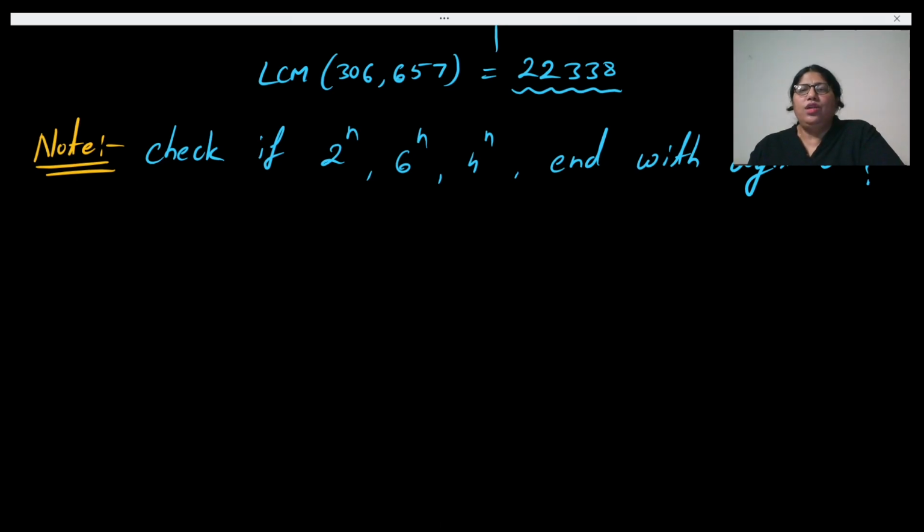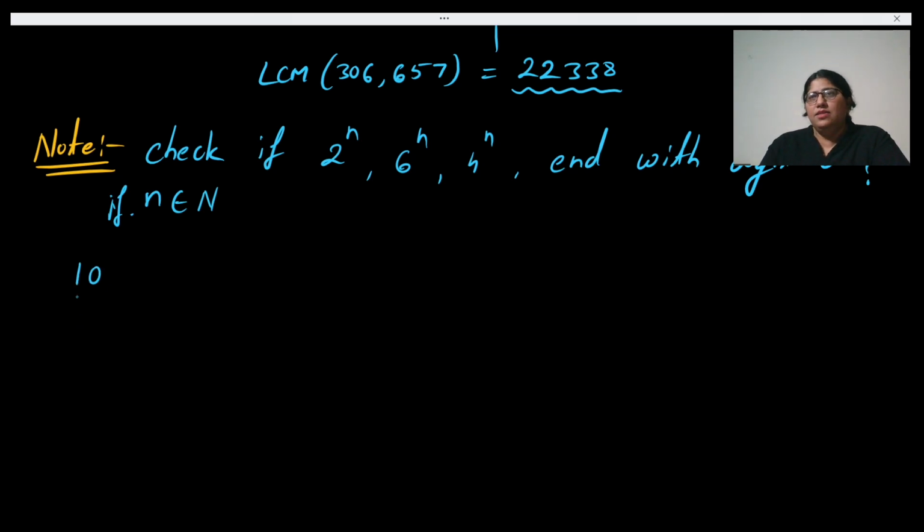So what do we need to get here? How can we check here? You know that it can be any number where n is any natural number. Okay, n has to be positive, so the power n is a natural number. Now if you check here, ending with 0, how will the number be?